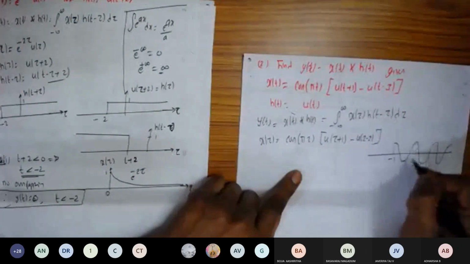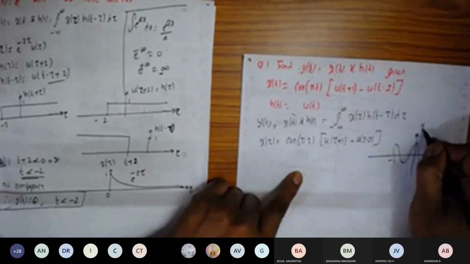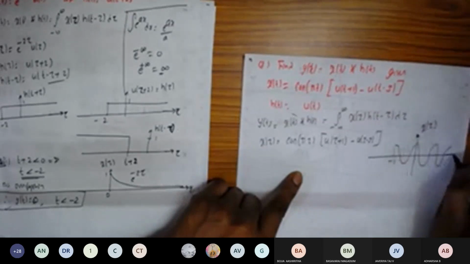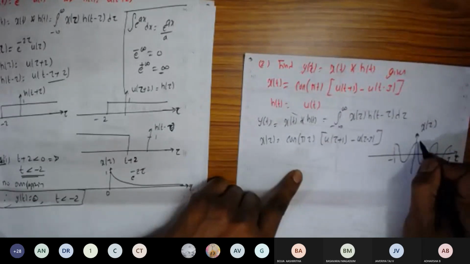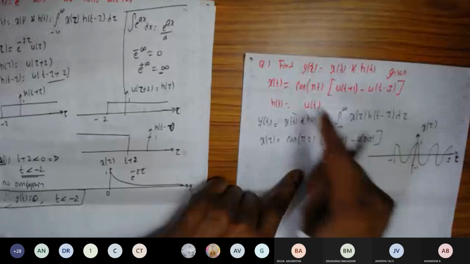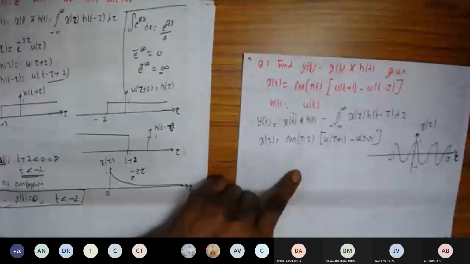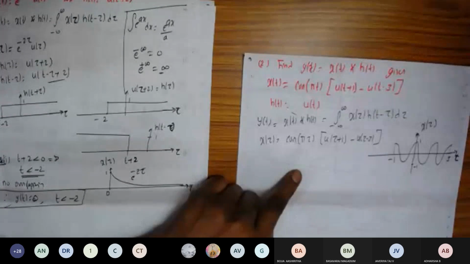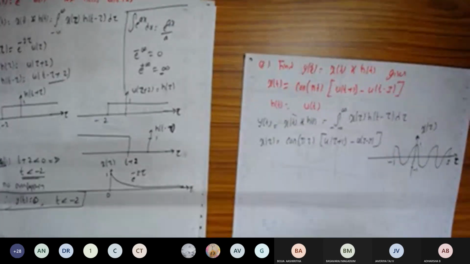This is x of tau, and it is going to end at plus 3. This is the tau axis. The maximum value will be 1 and the minimum value will be minus 1 for the cos signal. You know this: cos 0 is plus 1 and cos pi will be minus 1. So this is x of tau, the cos signal.